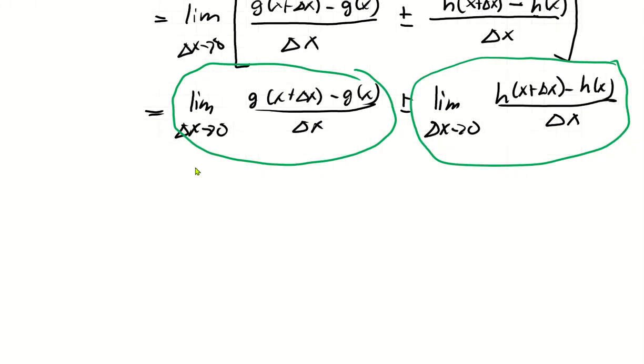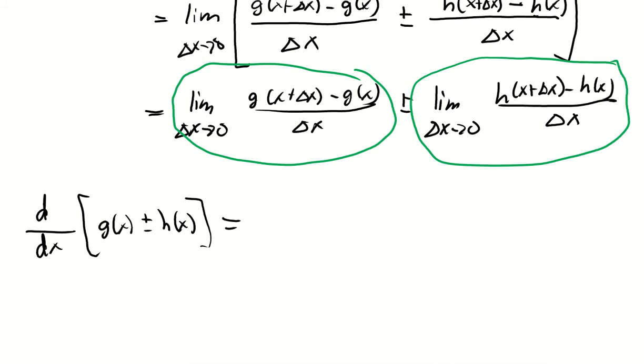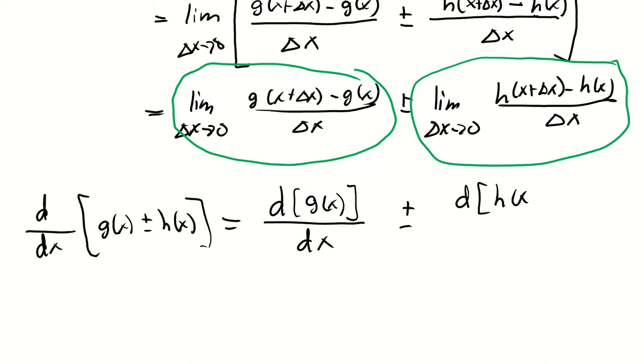So we can now conclude that the derivative with respect to x of the sum or difference of two functions, g of x plus or minus h of x, is just equal to the derivative of g of x with respect to x, plus or minus the derivative of h of x with respect to x.